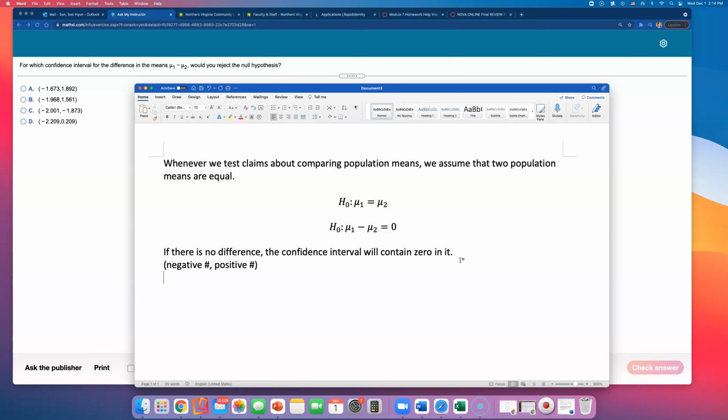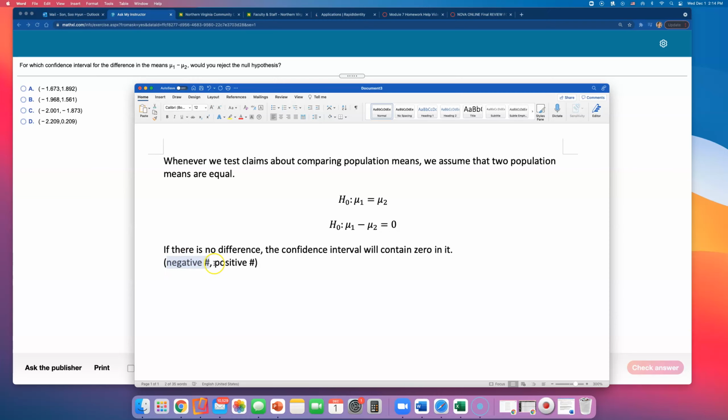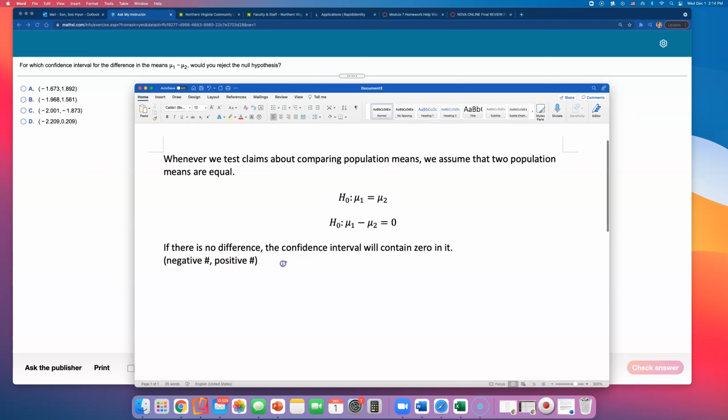If you get a confidence interval where the lower bound stretches down to a negative and the upper bound is a positive number, then you have 0 in between a negative and a positive number, right? So if you get a confidence interval like that, this supports that there is no statistically significant difference.